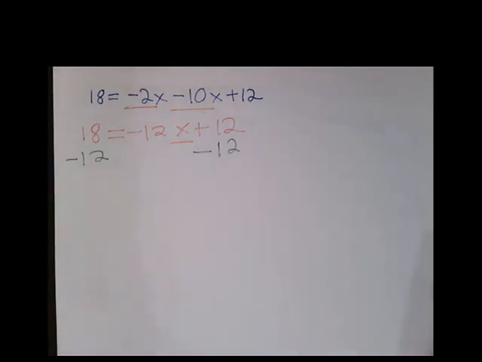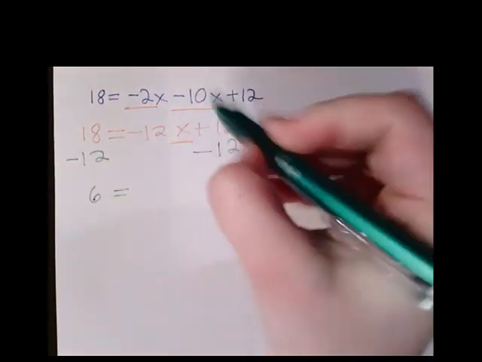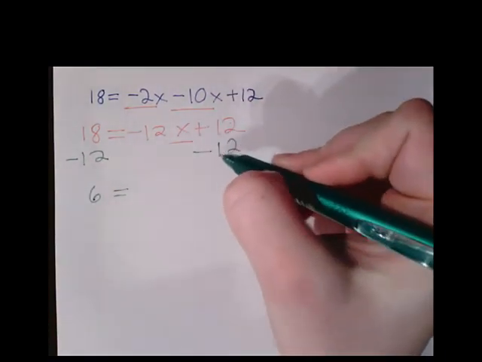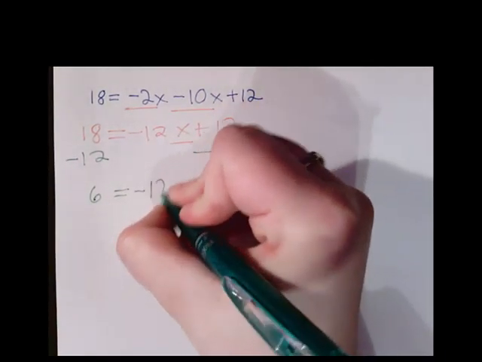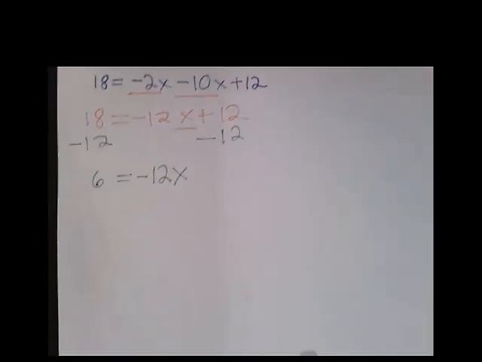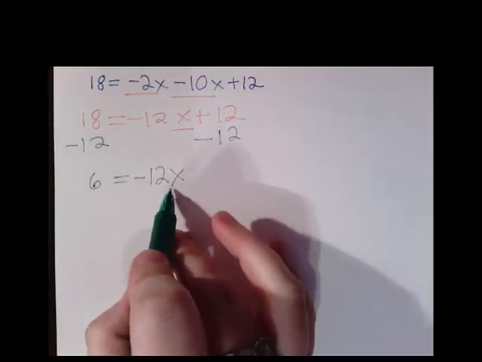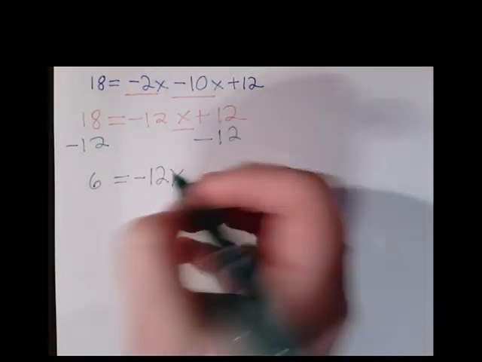Okay, 18 minus 12 is a positive 6. 12 minus 12 is 0, leaving me with a negative 12x.